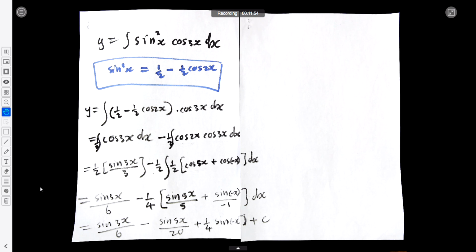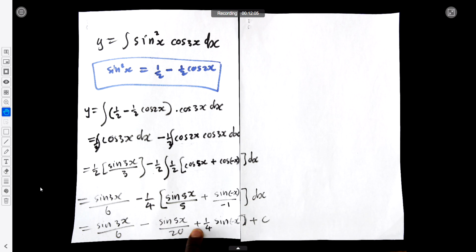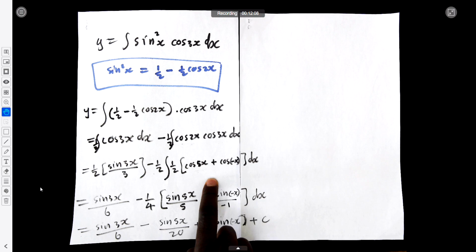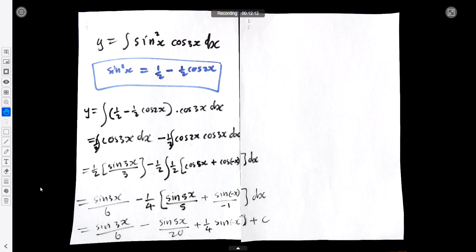Here it will still be 5, and here it will still be x when you subtract. Even here the final answer must have negative 1 over 4. If you rearrange, this negative will still multiply that negative in there.